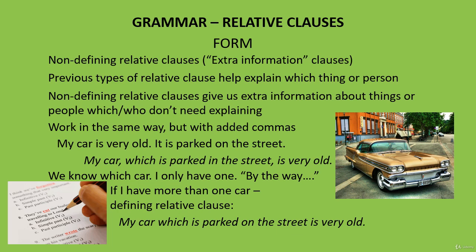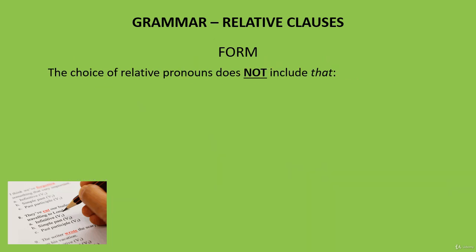This means that the car on the street is very old, but my other car in the garage isn't. That's a defining relative clause with no commas. This is a very small difference here. However, there is one important difference. We can't use that for non-defining relative clauses.